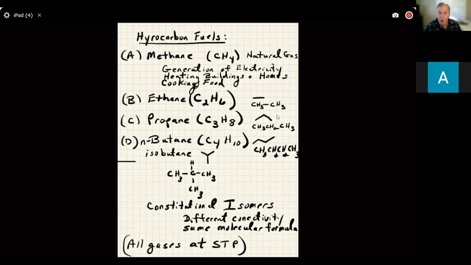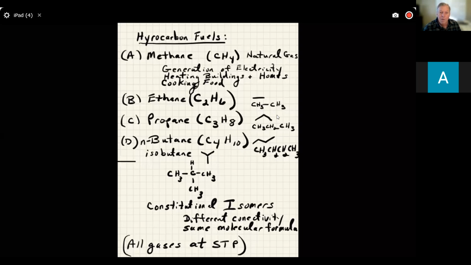There are buses that use propane to fuel their engines. And again, the nice thing about propane is that it's very clean. You don't get very much soot, these hydrocarbon byproducts, like you do if you have a diesel bus. We'll talk about diesel later. That's for later on today.